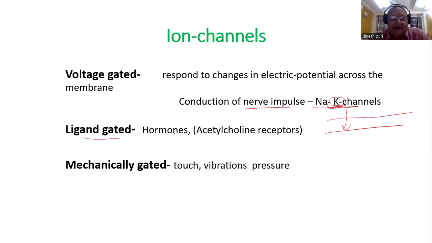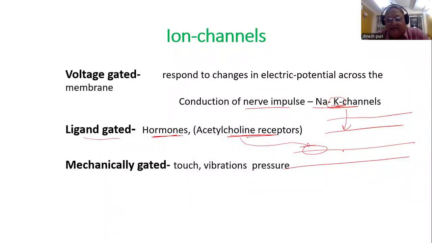Ligand gated channels respond to hormones, sometimes metabolites, or drugs. For example, the acetylcholine receptor. When acetylcholine binds to this receptor, this results in opening of the sodium channel and generation of some potential, etc. You will learn more in physiology.